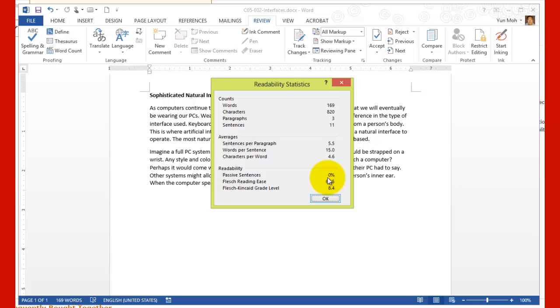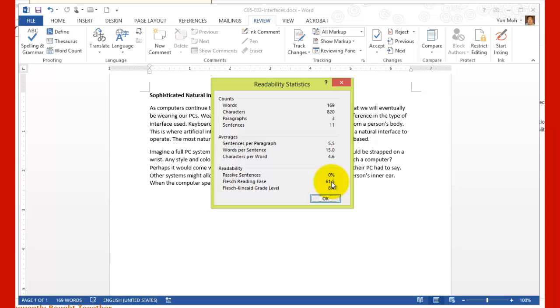As you go up higher in terms of specific knowledge base for your job, for example, if you become an engineer, probably this level will go higher. So you could become like a grade level 12, 14 or higher. And this reading ease level could go down to like 20% or even 10%. That basically means only 10% of general readers should be able to understand it.